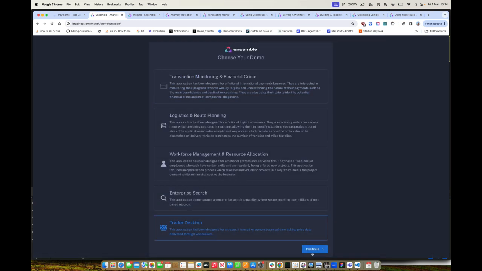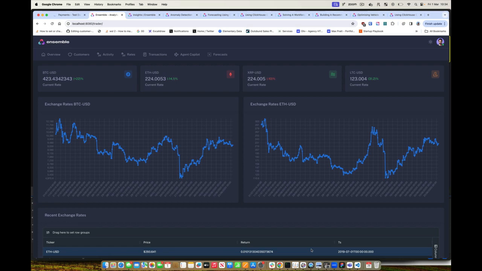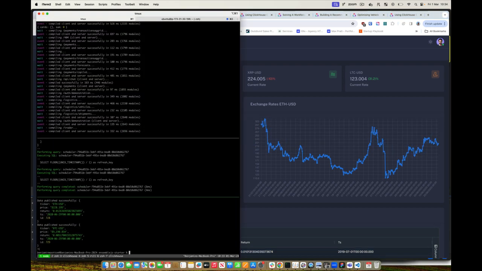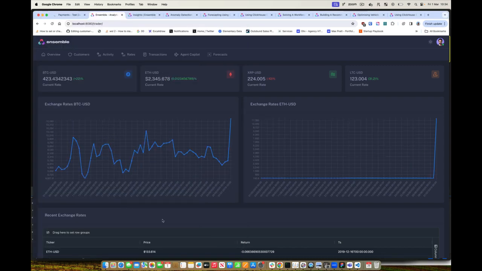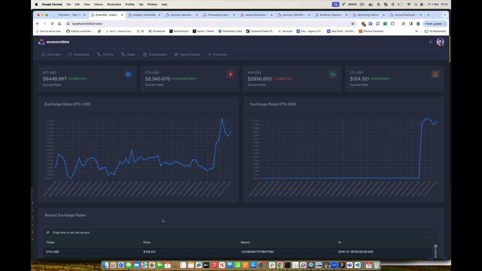Finally, from a financial markets perspective, we're also experimenting with building user interfaces like this, where we have data which is being streamed in real time, and maybe this is from a crypto example.